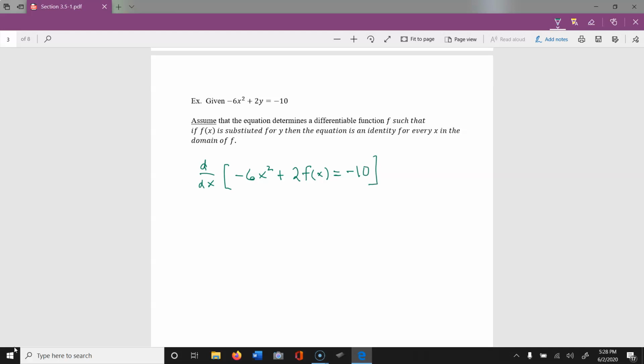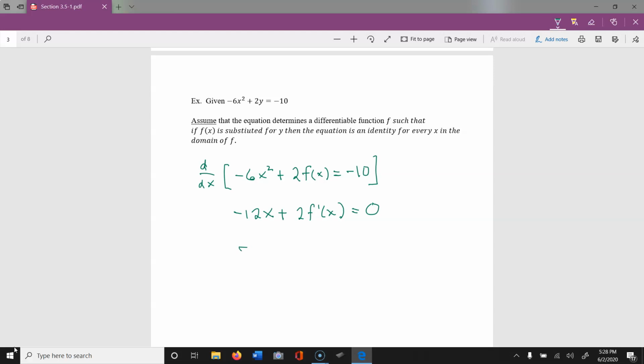All right. So if I differentiate this with respect to x, well, what am I going to get? Well, the derivative of minus 6x squared is what? Minus 12x. The derivative of 2 times f of x. Well, what's the derivative of f? F prime, right? So this is 2 f prime of x is equal to 0.